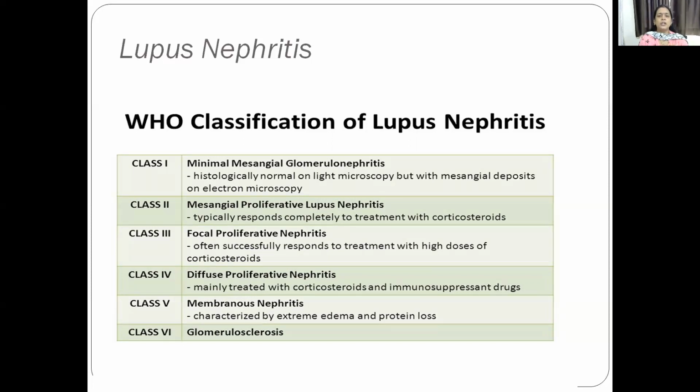So the WHO gives the classification of lupus nephritis, or the stages. Class 1, minimal mesangial glomerulonephritis, where you do not find any pathology on light microscopy. Then class 2, mesangial-proliferative lupus nephritis. Class 3, focal proliferative, focal, I told you, a fraction of glomeruli getting involved.